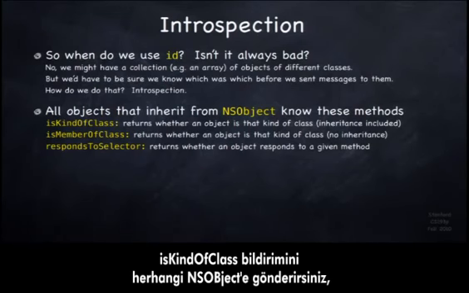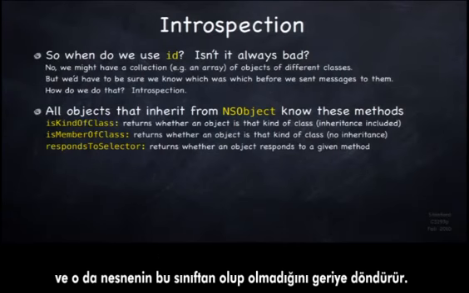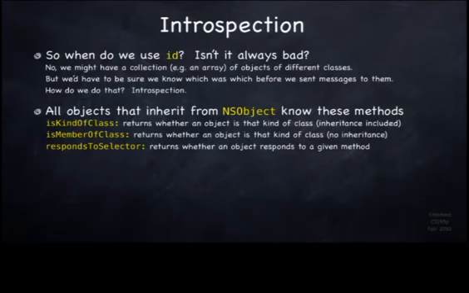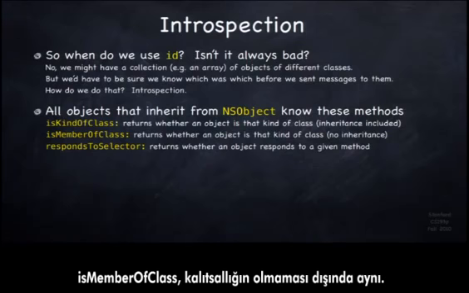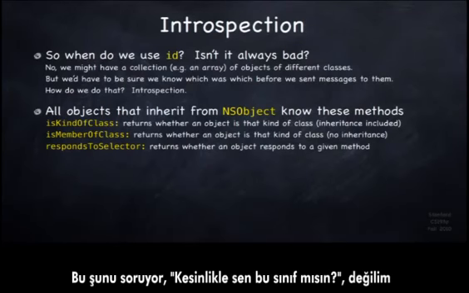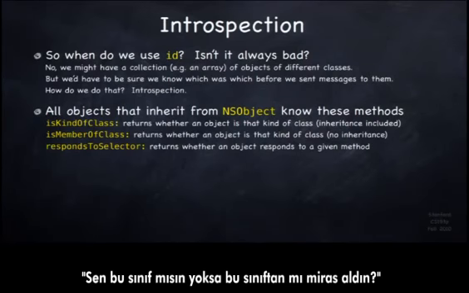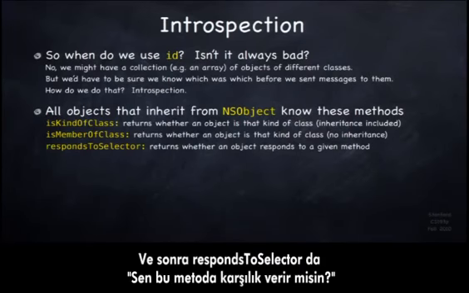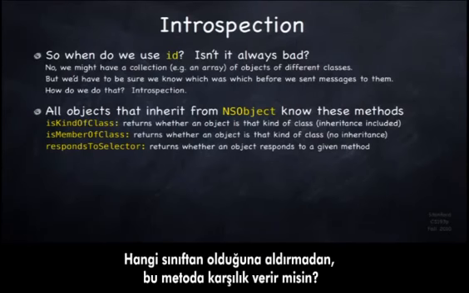So you send isKindOfClass to any NSObject, and it returns whether that object is that kind of class. isMemberOfClass is the same, except no inheritance. So that's asking, are you specifically this class, not, are you this class or do you inherit from this class? And then respondsToSelector is, do you respond to this method? Regardless of what class you are, do you respond to this method?